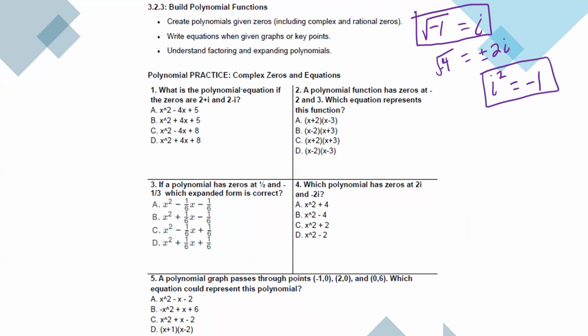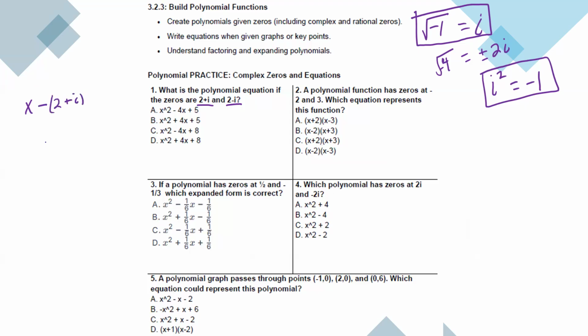What is the polynomial equation if the zeros are 2 plus i and 2 minus i? When you have 2 plus i and 2 minus i, that means you had factors before. Your factors are always going to be the opposite of what you have. So my first factor is x minus 2 plus i.